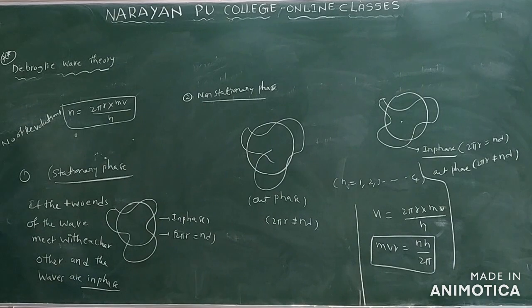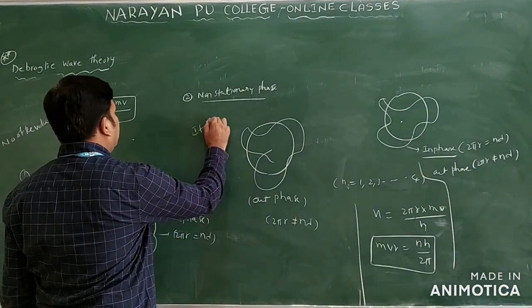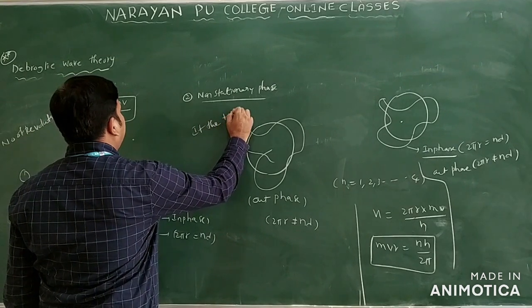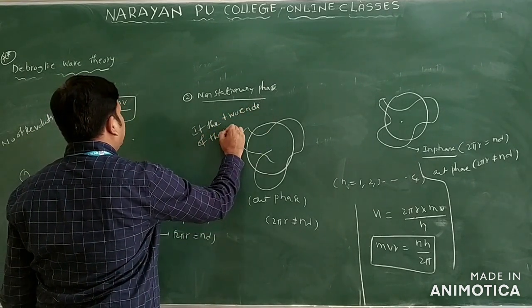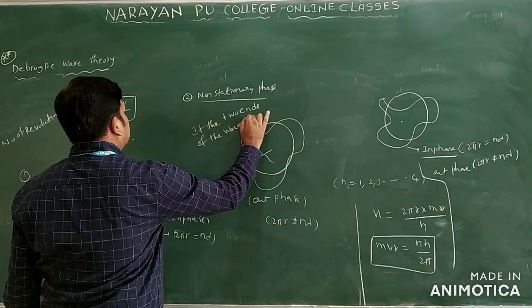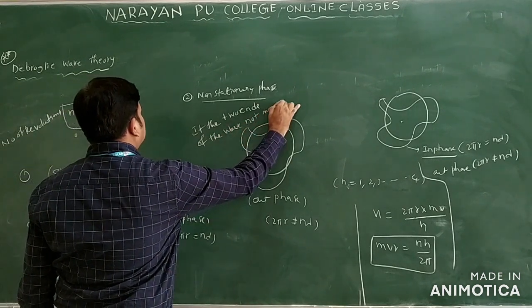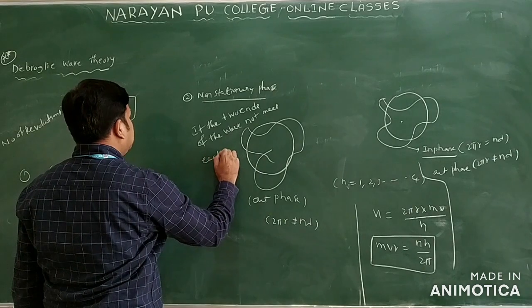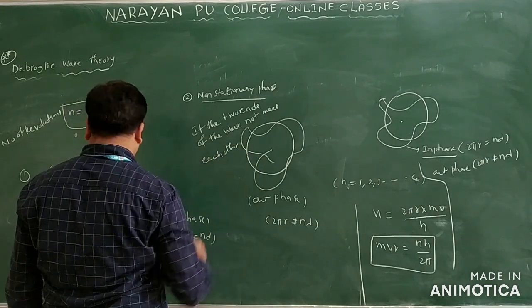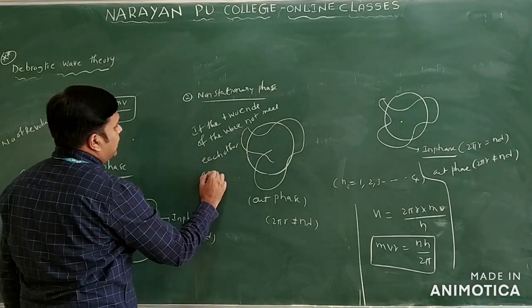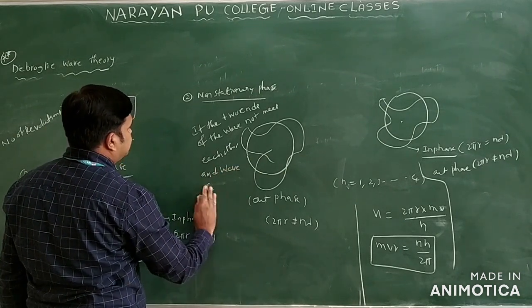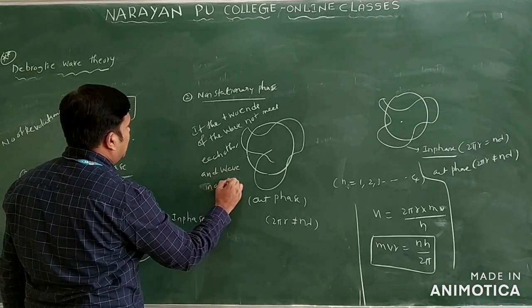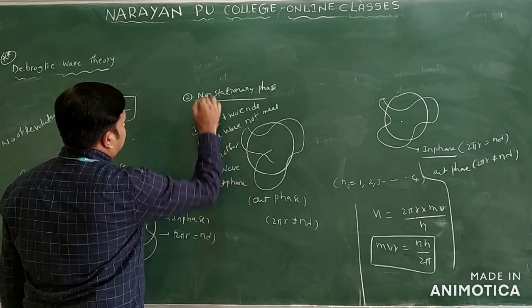If the two ends of the wave do not meet each other and the wave is out of phase, what is the other name for this?